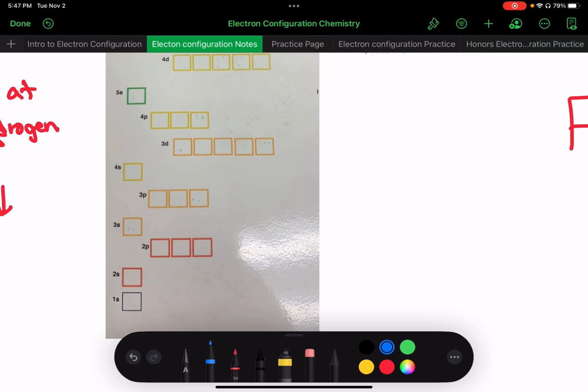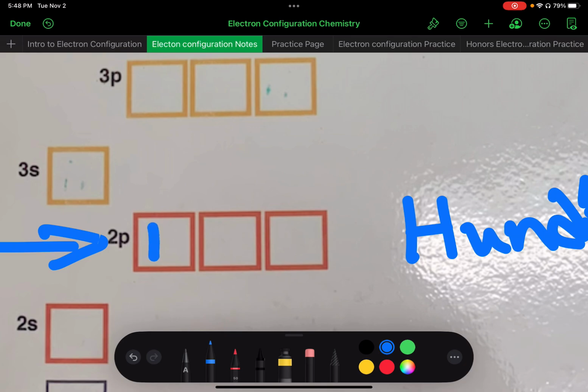As I mentioned before, sometimes it's easier for y'all to look at your endpoint. So we mentioned that fluorine is 2p5. So here's my 2p. I'm going to put 5 arrows in here, and this is where I'm going to show you Hund's rule. So I'm going to put an up, up, up.